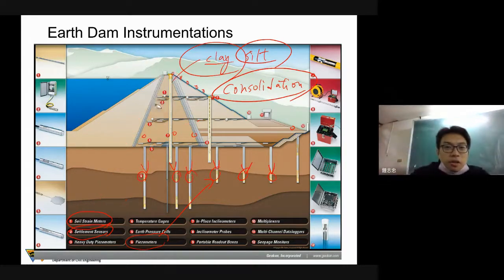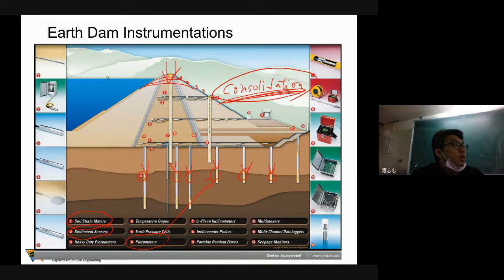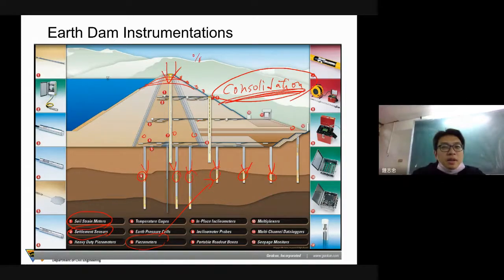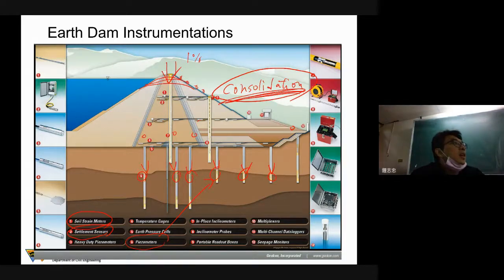So for this kind of earth dam, the consolidation problem cannot be prevented, because with time this dam may have some problems due to consolidation. But from experience, if it is only maybe 100% of the height, it is okay.